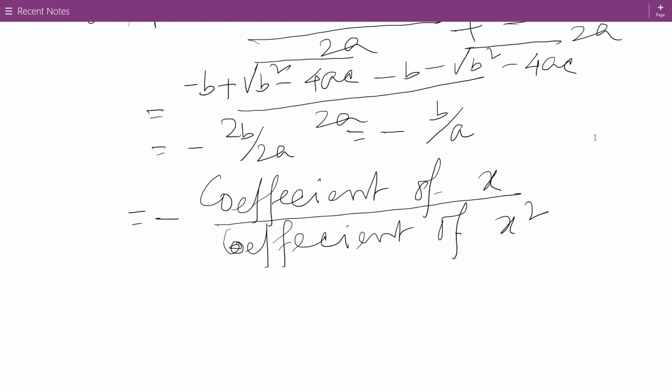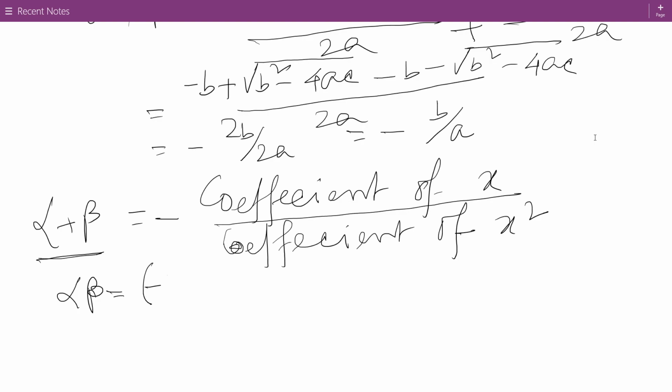It's a very important form of summation of two roots, that is alpha plus beta. Another form is alpha into beta, that is multiplication of two roots.